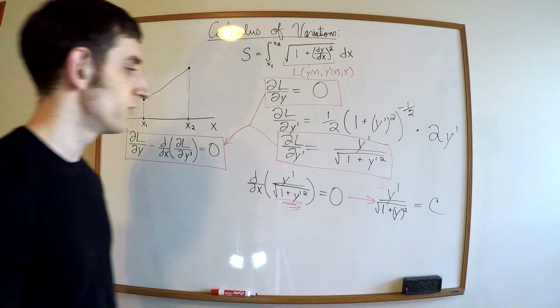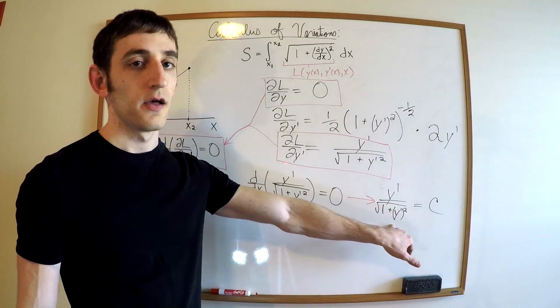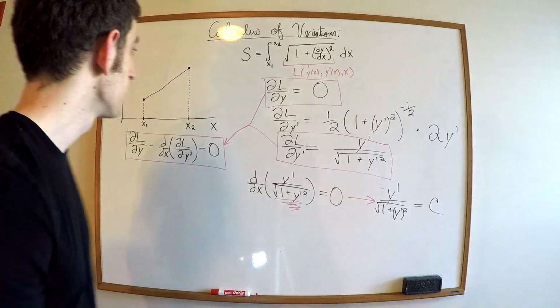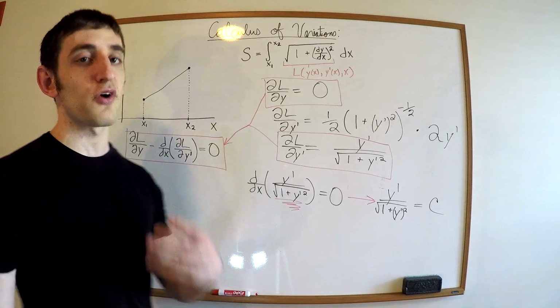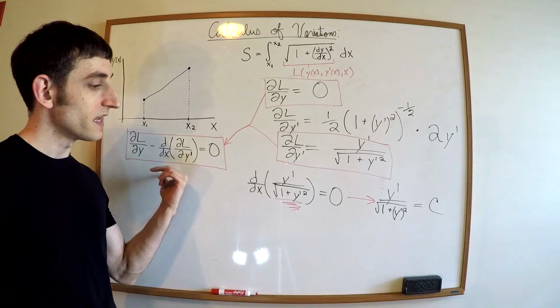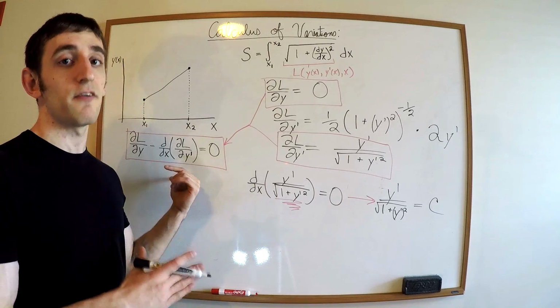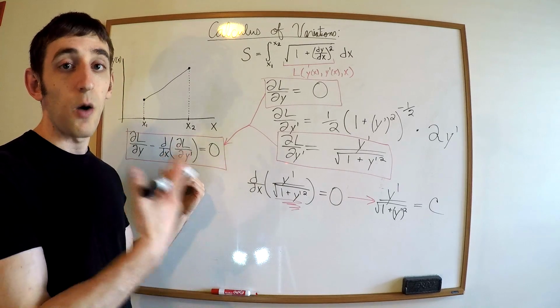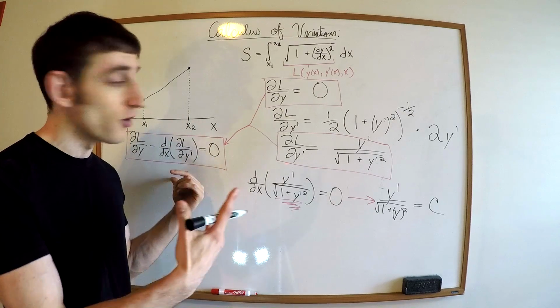Now we're going to work with this and see if it can give us our expected result, a straight line through those 2 points. If the result we derived here is correct, it better give us that result. Otherwise, it's not working with our intuition and something is wrong here.